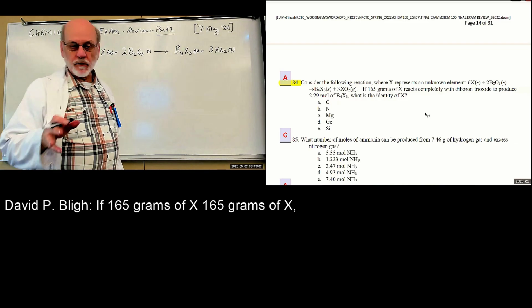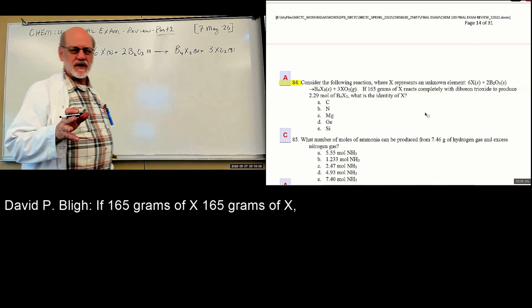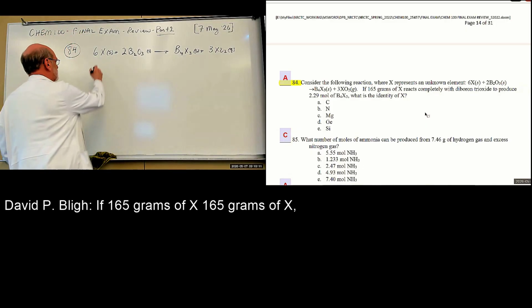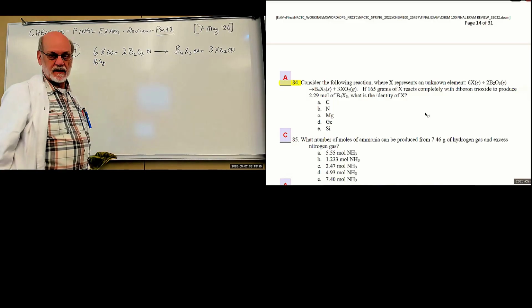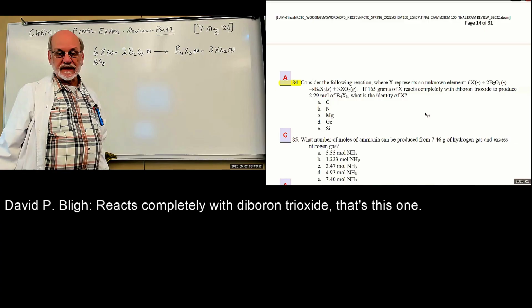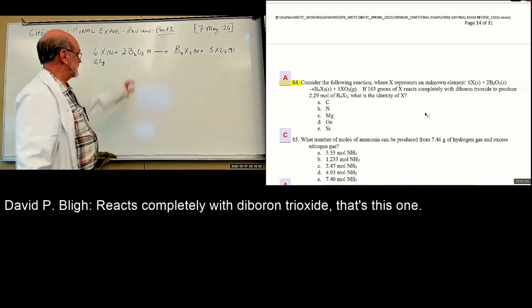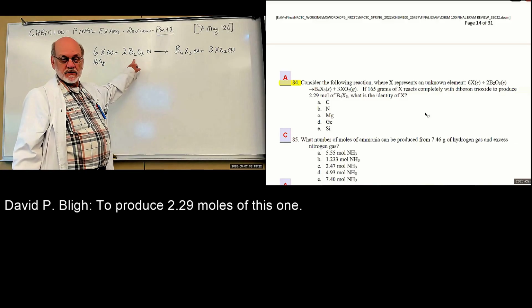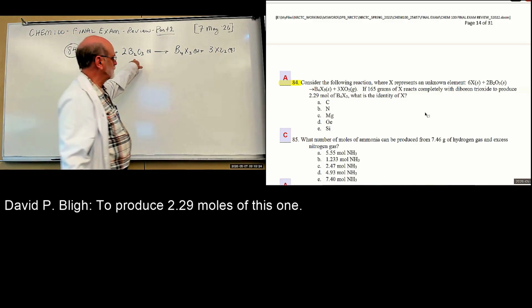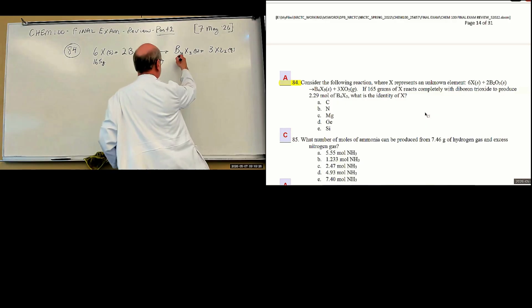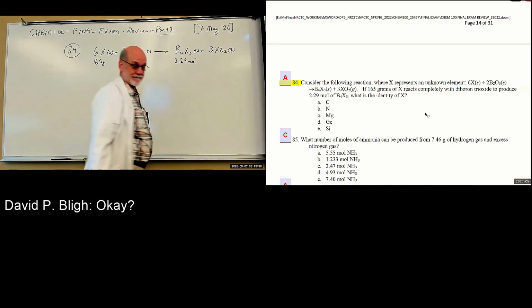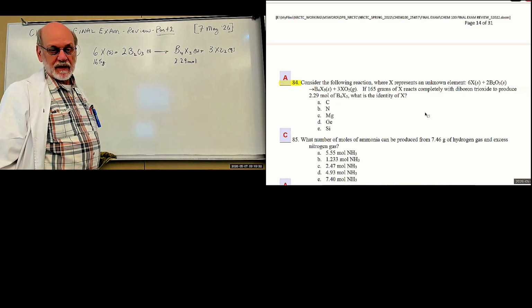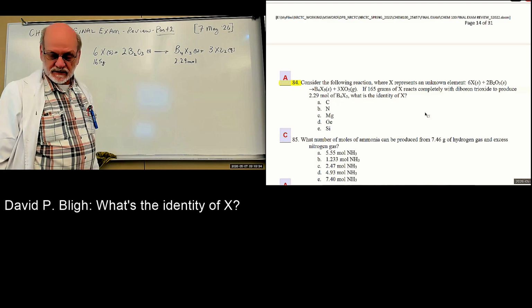Okay, if 165 grams of X reacts completely with diboron trioxide, that's this one, to produce 2.29 moles of this one. What's the identity of X?